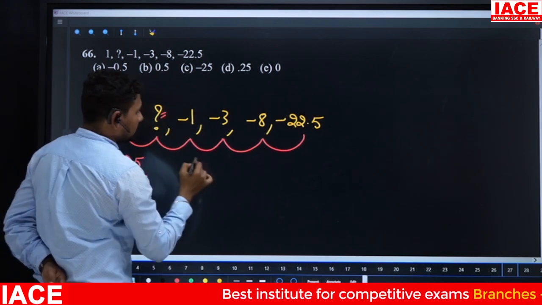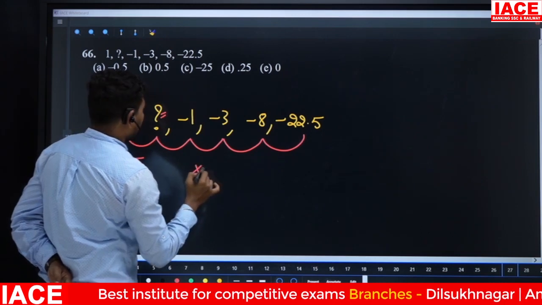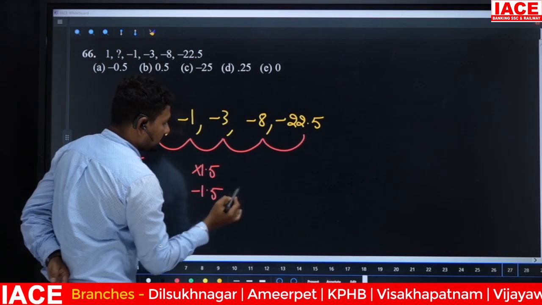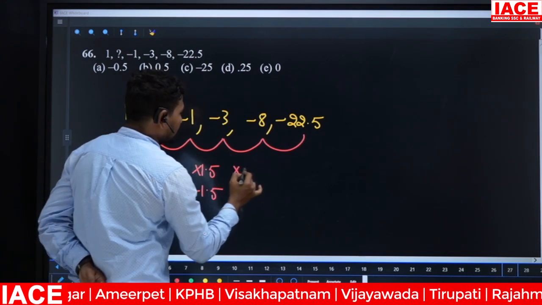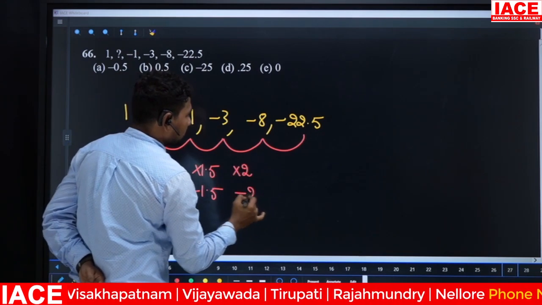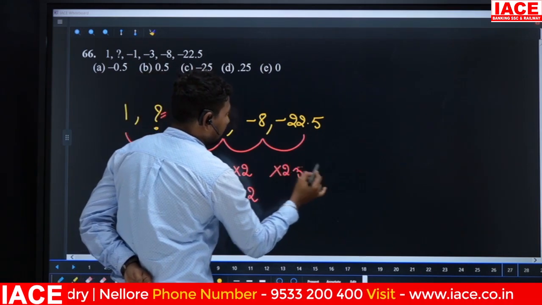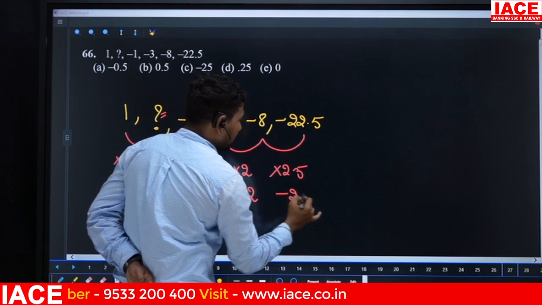So as it is here into 1.5 minus 1.5 and here into 2 minus 2 and here into 2.5 minus 2.5.